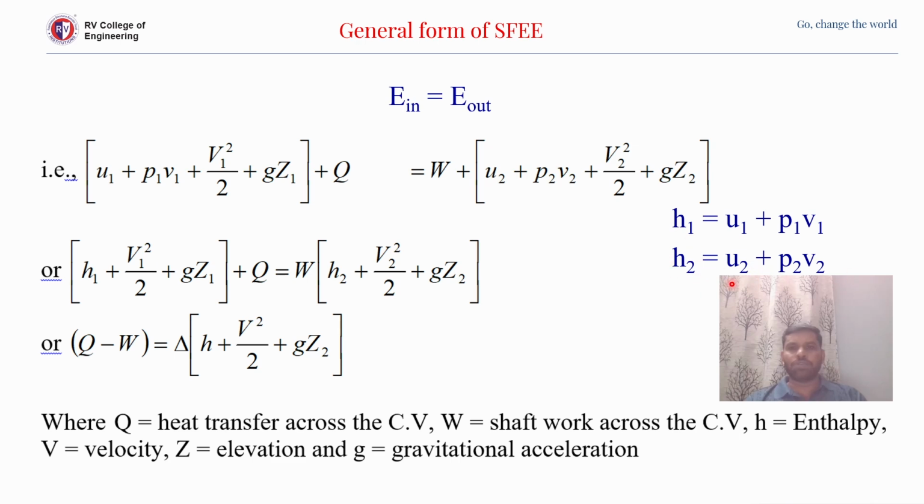Similarly, U2 plus P2V2 is H2. Rearranging this will give Q minus W as H2 minus H1 plus V2 square minus V1 square by 2 plus g into Z2 minus Z1. Where Q is the heat transfer across the control volume, W is the shaft work, V is the velocity, Z is the elevation, and g is acceleration due to gravity.